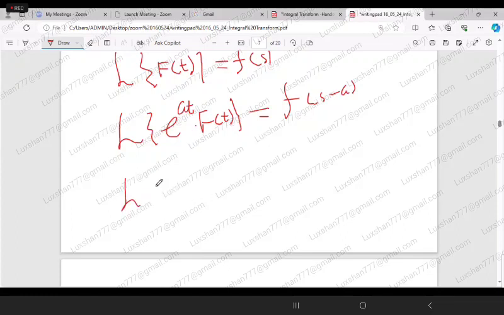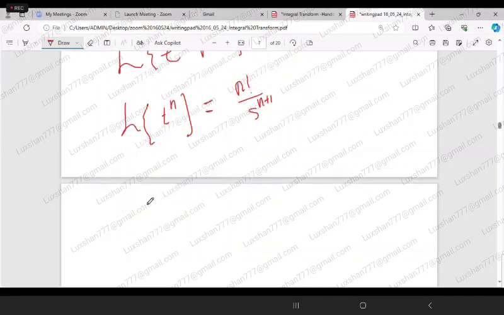Now we know that the Laplace transform of t to the power n is equal to n factorial over s to the power n plus 1. Here we want 1 over s to the power 4.